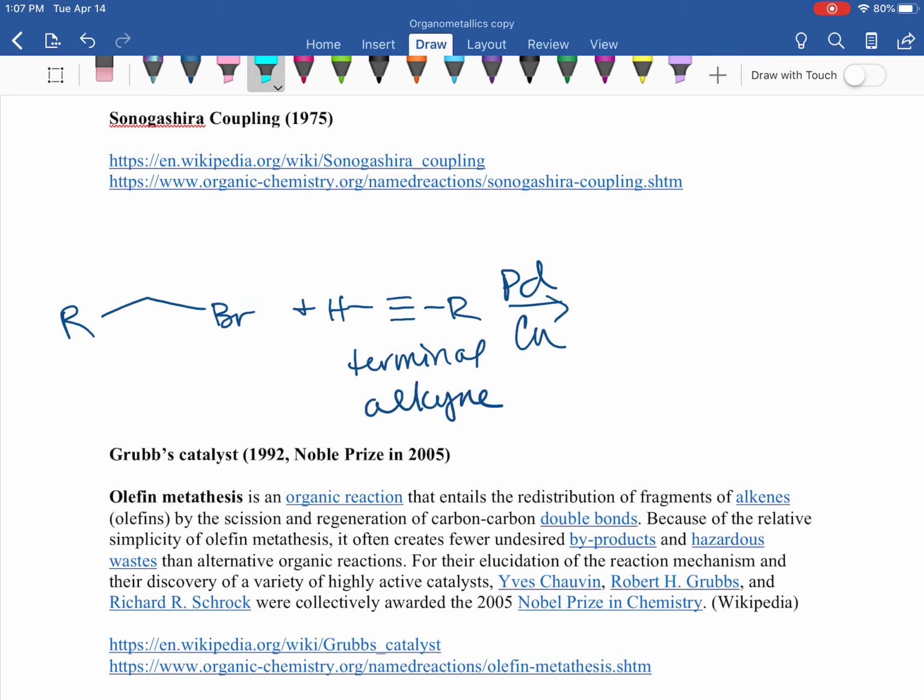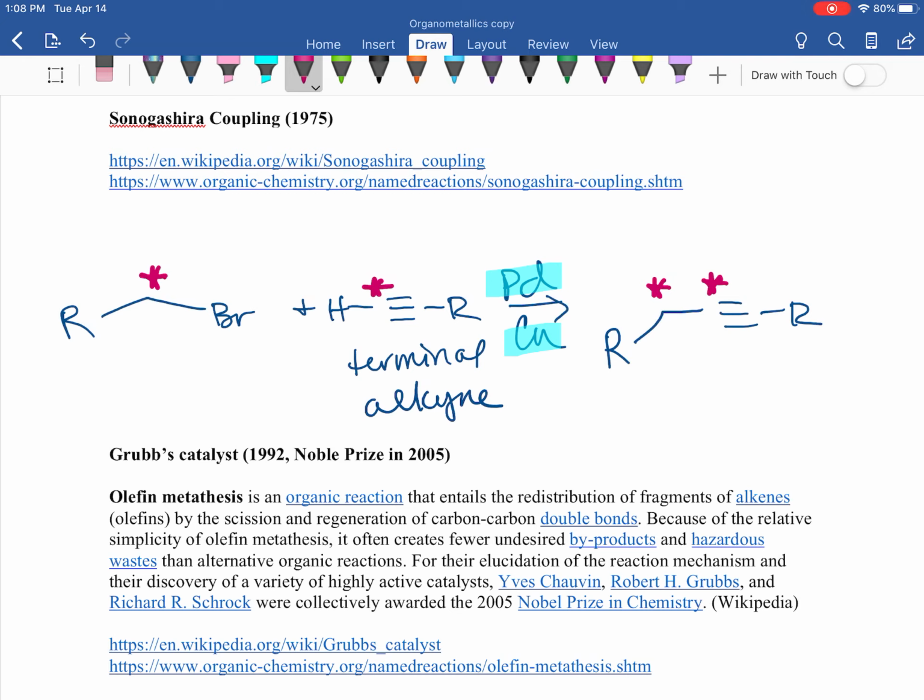But here's what's fun. We're about to combine that with some copper. You actually need the combination of palladium and copper for your Sonogashira to work. And then what happens is you literally couple that terminal carbon on your alkyne with your alkyl halide. And you can couple those together. And now you end up with a nice substituted alkyne, and you just coupled these two together.